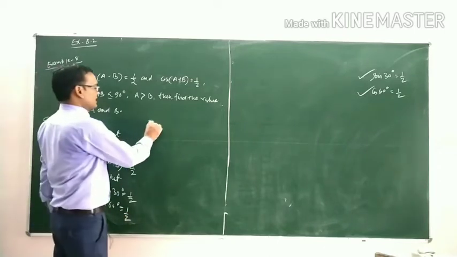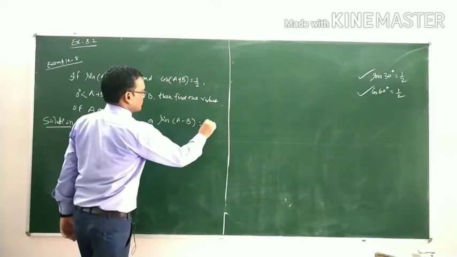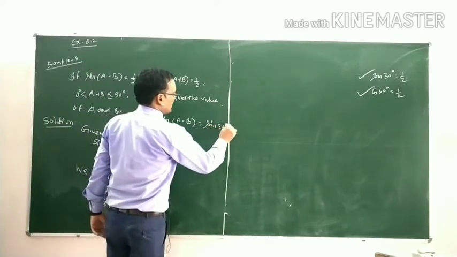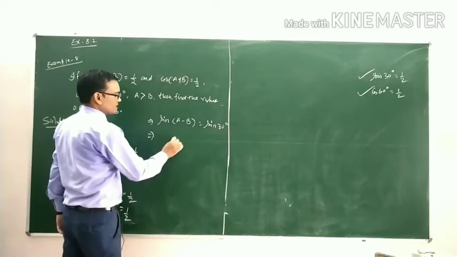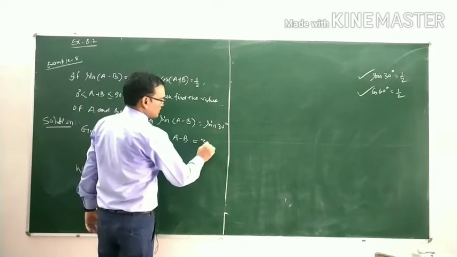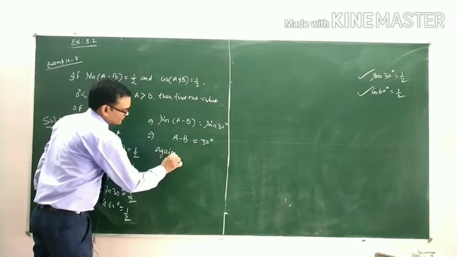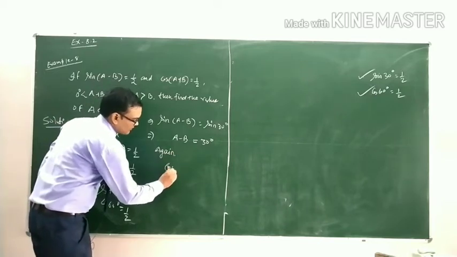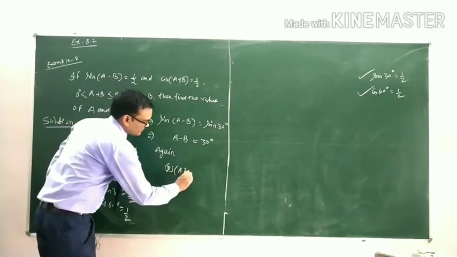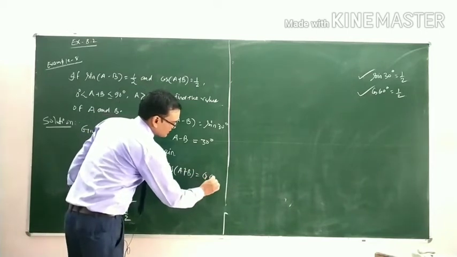This implies that sin A minus B equals sin 30. This gives the result A minus B equals 30 degree. Again, cos A plus B equals cos 60 degree.